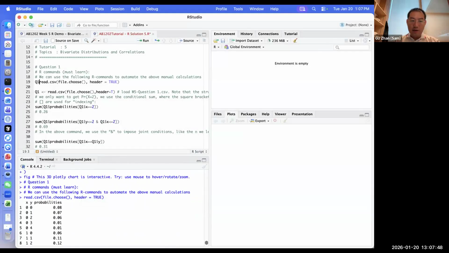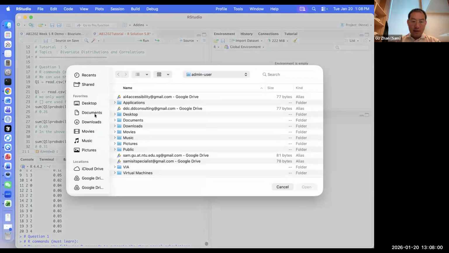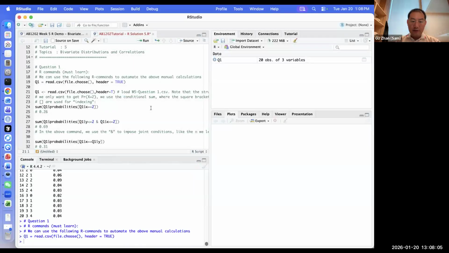Q1, you assign to a variable. You can use this arrow to assign, or you can use equals. I show you a few ways to do this. Once you run it, again it asks you to select the file. It says Q1 has been read as 20 observations of 3 variables: X, Y, probability.